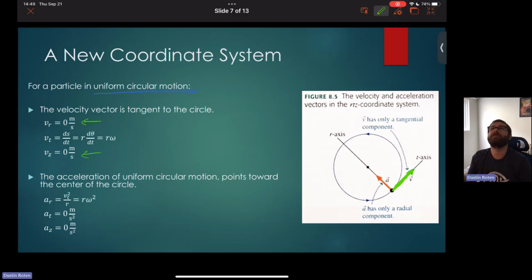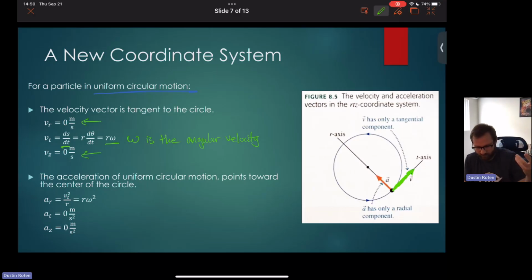And you'll remember from several lectures ago, that's just the change in arc length over change in time. And we can rewrite that as essentially r omega, where omega is the angular velocity. Okay, so hopefully this is a review.